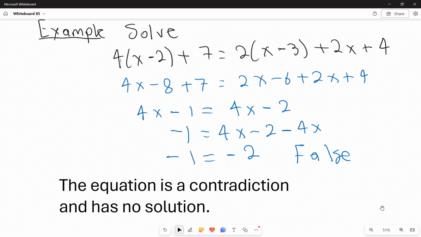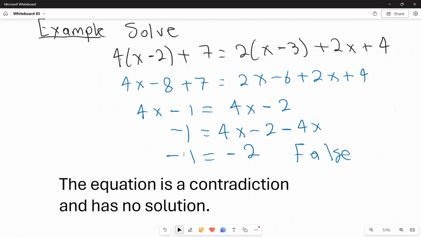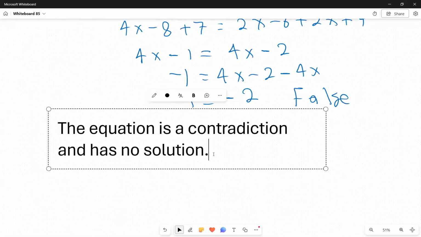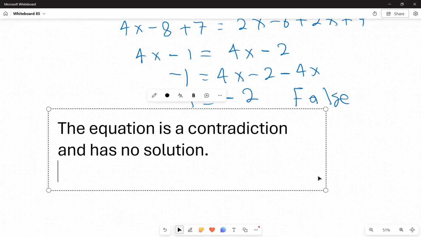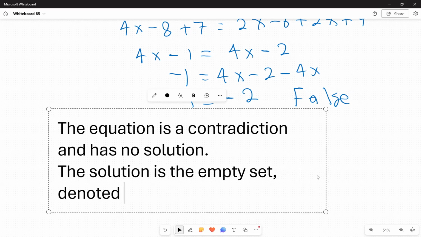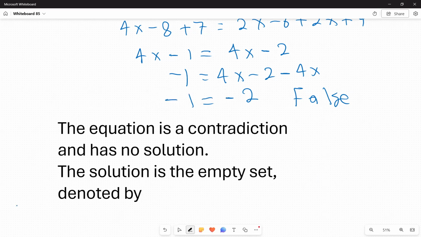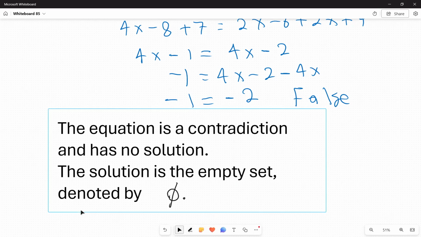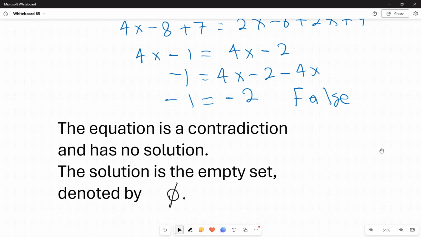One way to say it is that the solution set is the empty set, denoted by this symbol, the circle with a slash. This is the symbol for the empty set, the set that has no elements.